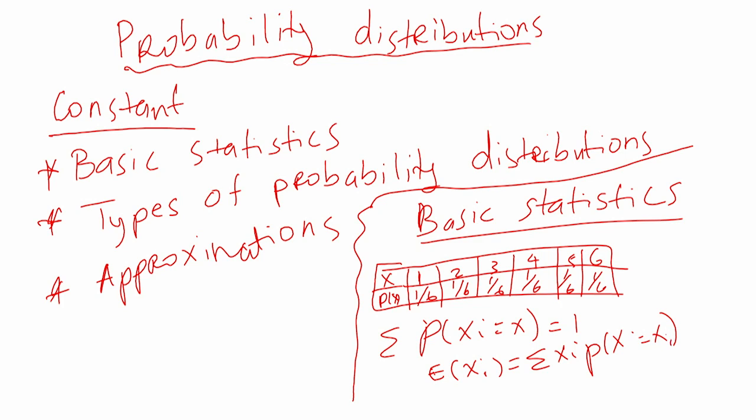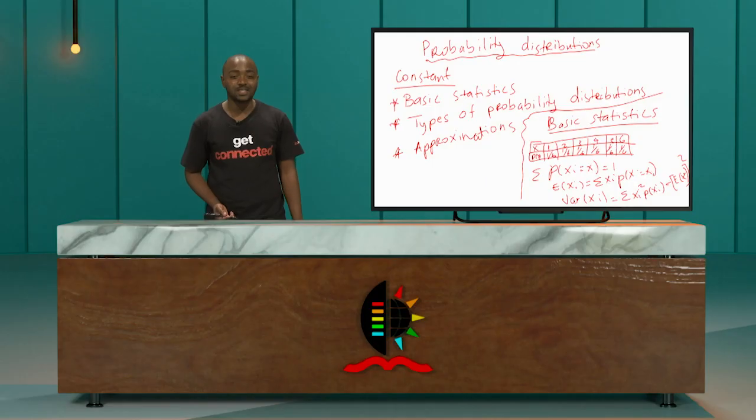What is the variance? The variance is equal to the summation of xi squared times the probability of xi, minus the expectation of x, all squared. You just need to know this under basic statistics.